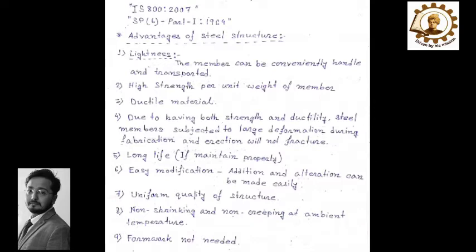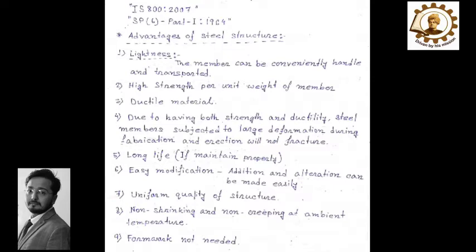Now, number 7, as in a whole structure we use the same grade of steel, the quality of the structure will be uniform. Number 8, non-shrinking and non-creeping at ambient temperature.